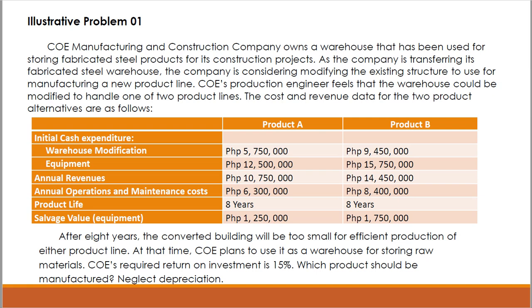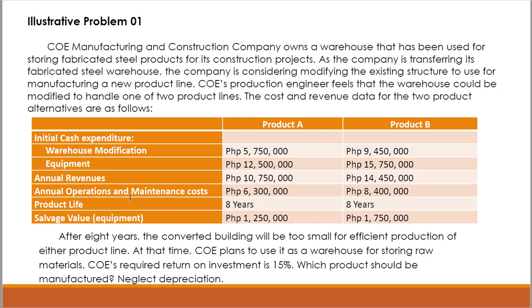So we have product A and product B. For initial cash expenditure, we have warehouse modification, of course, since we need to modify the warehouse to accommodate the manufacture of either product A or B, and then additional equipment to produce these products. Annual revenues, so these would be the values for annual revenues for both products.